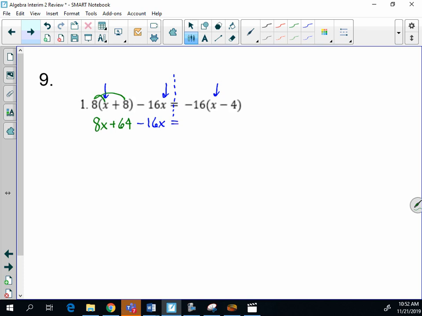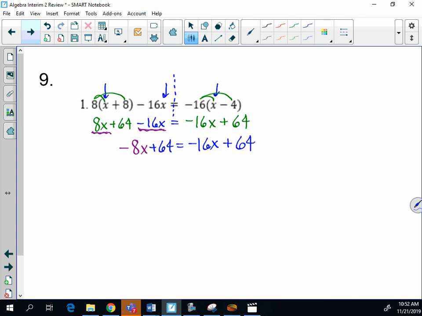On the right side, I will distribute, and I get negative 16x plus 64. Let's go back and combine like terms. Over here, 8x minus 16x. Those are my like terms here. When I put those together, I get negative 8x. And I still have plus 64 equals, and all this stays on the right. There are no like terms over there.